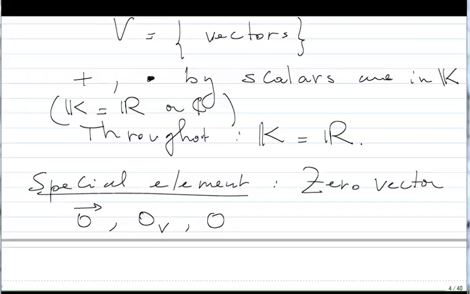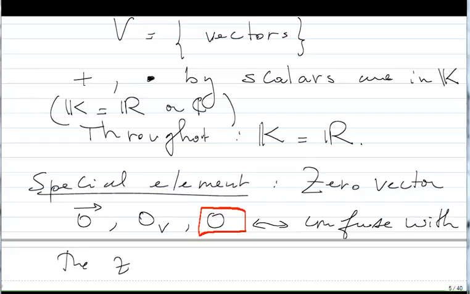But here we have to be very careful, because we may confuse it with the 0 element of R. So if there is no confusion, then we may drop the V. Otherwise, we have to be very careful. Usually, when I mention a 0, I will always put the vector 0, and therefore we're dealing with the 0 vector, not the number 0 from R.